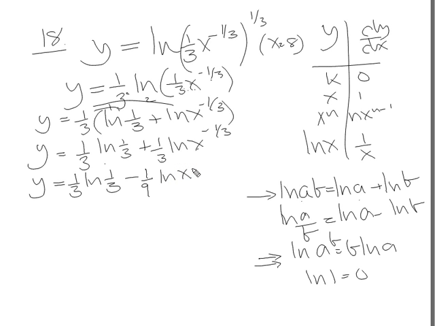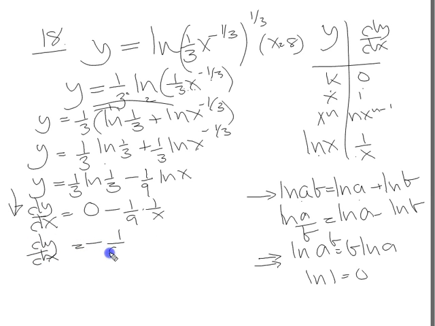So now we can at long last do the differentiation. We tidied it up, and now we can do the simple differentiation. The first term is just a constant, as we know. Tap it into the calculator if you want to check that. That differentiates to 0. Minus 1/9, and then log x differentiates to 1 over x. Let's tidy that up: dy/dx equals minus 1 over 9x.